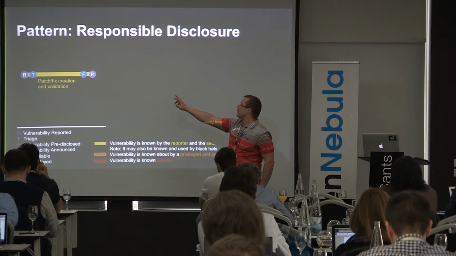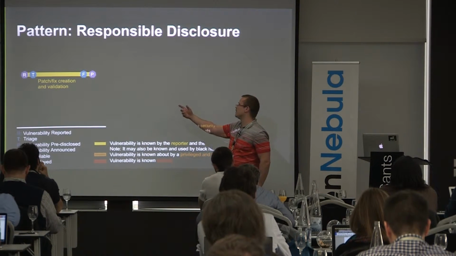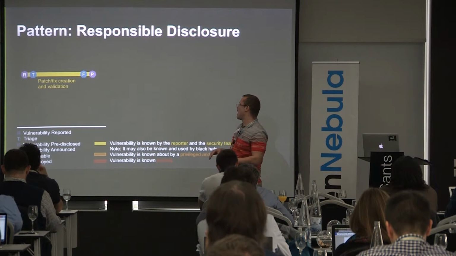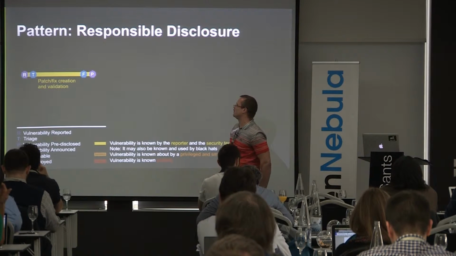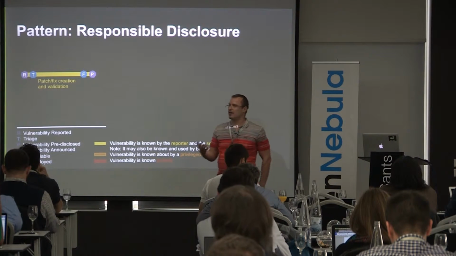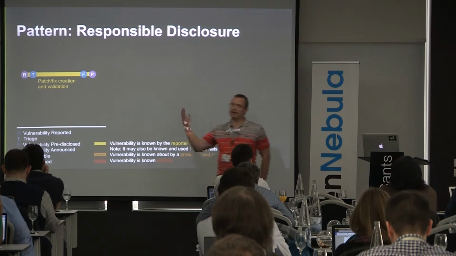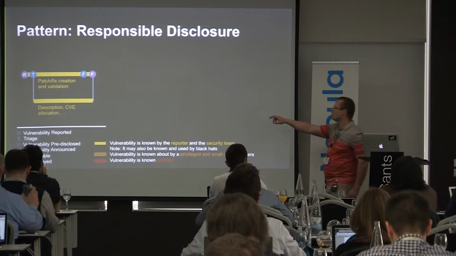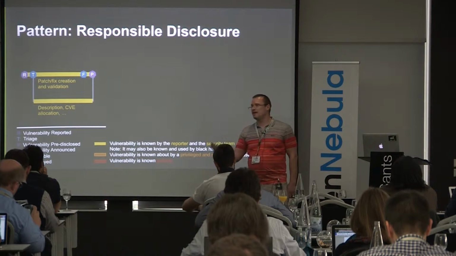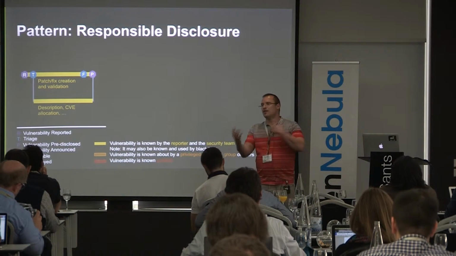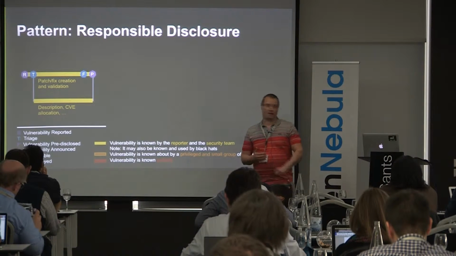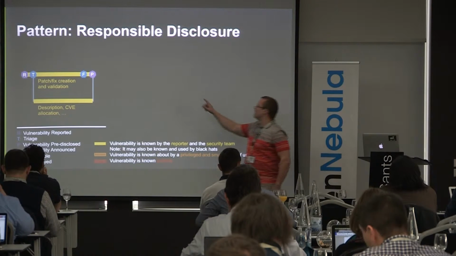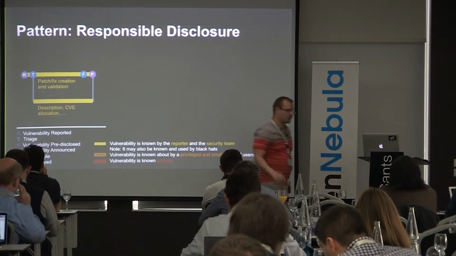So your bug gets reported, there's going to be some triage, the fix is developed in private, and at the end of that process, it's disclosed to a pre-disclosure list, which is different to announcing it to the world. What you might do in parallel is get a CVE number allocated, look at whether there are workarounds and all sorts of things to improve your description of the issue, which gets pre-disclosed with the bug and the patch.